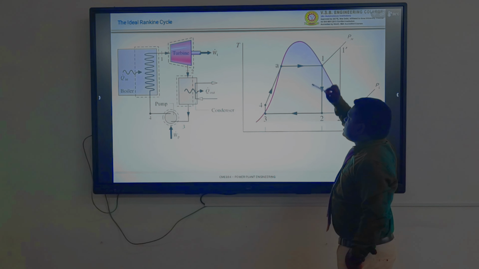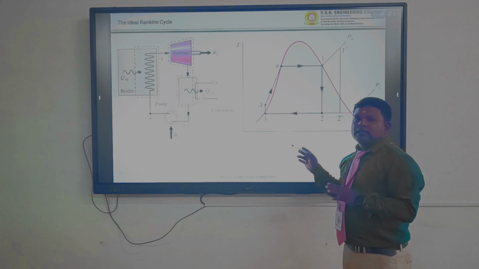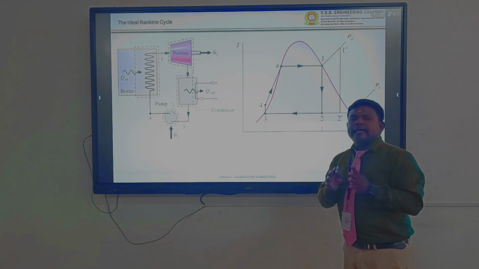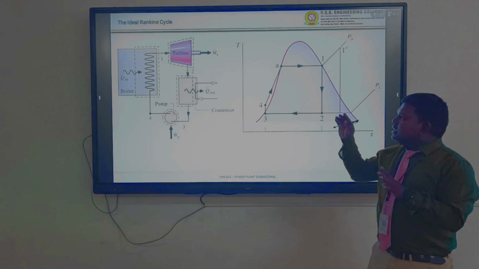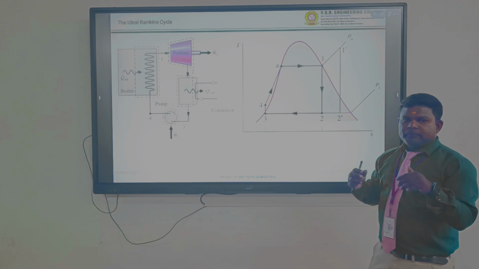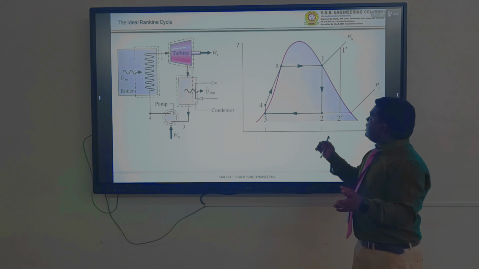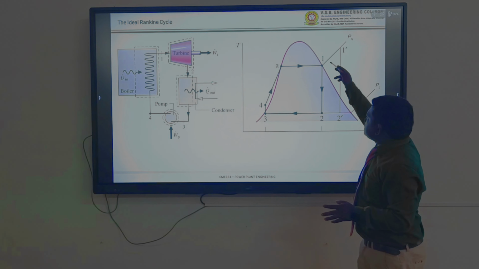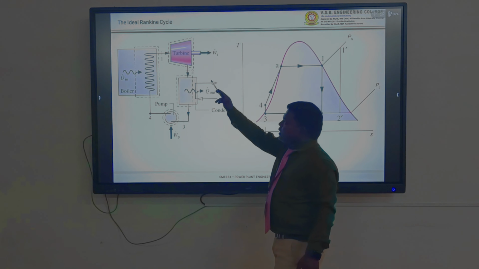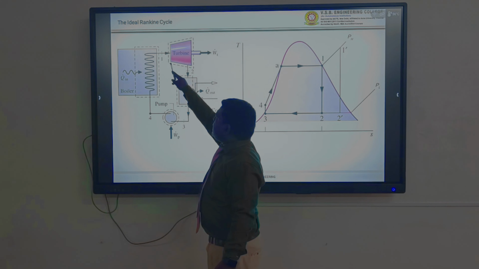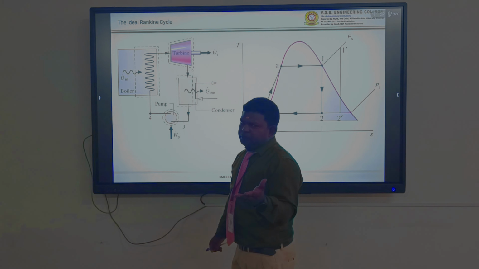The first condition will be superheated or dry, because there is no moisture content in the steam as it expands in the turbine. Here 1 to 2 is the expansion process, which takes place in the turbine. The turbine inlet has high pressure, high temperature steam.